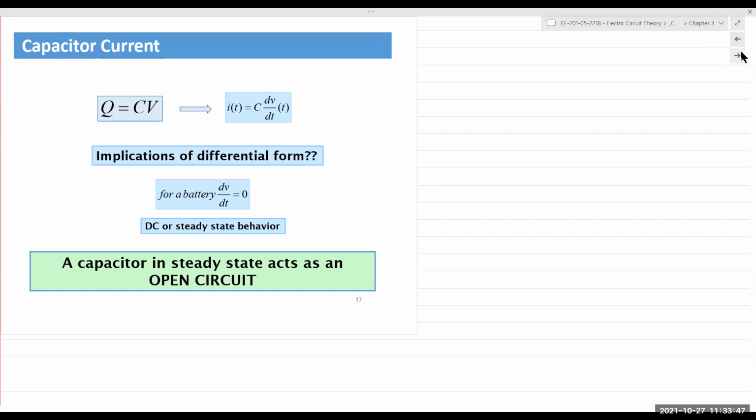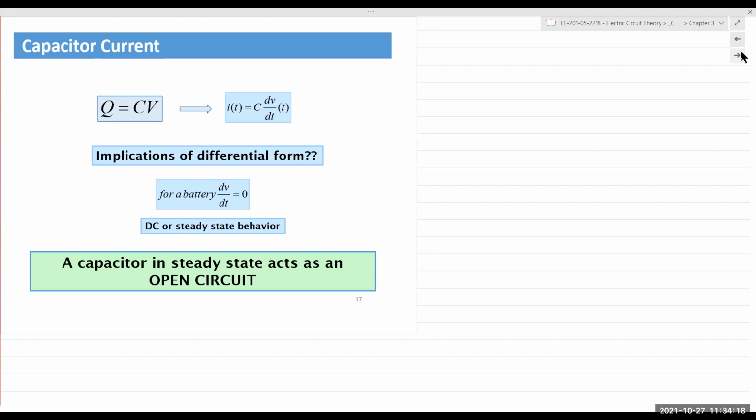If the applied voltage is constant and reaches a steady state, meaning it is not changing with respect to time, you apply a DC voltage to a capacitor, the voltage across the capacitor does not change, then in DC or steady state, current I goes to 0 and the capacitor acts like an open circuit. That is the mathematical proof for the physical explanation that we did earlier.